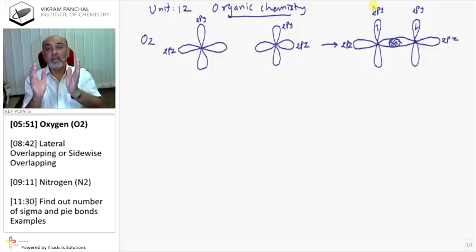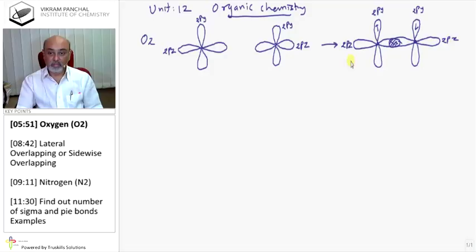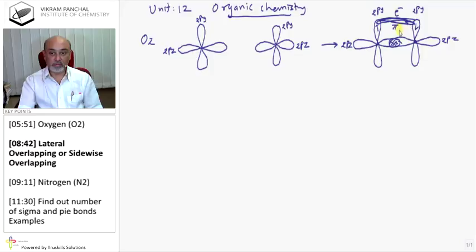Well, exchange of electron takes place from one orbital to another, and there will be electron cloud in between these two. This is called pi bond. So when direct overlapping is not possible, a new bond is formed which is called pi bond.